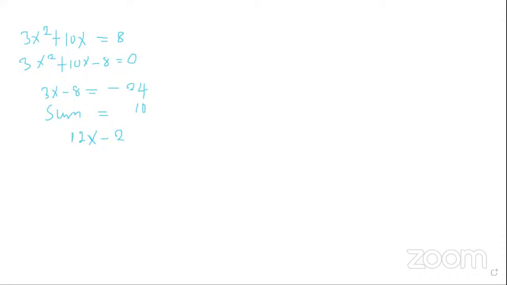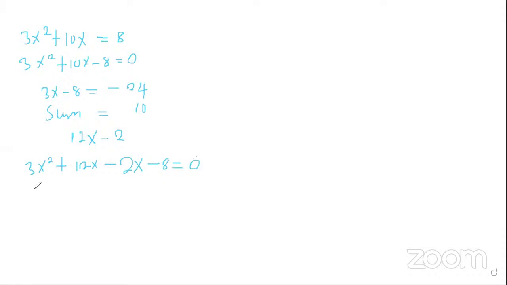I substitute in 12x. I write my equation 3x squared plus 12x minus 2x minus 8 equals to 0.